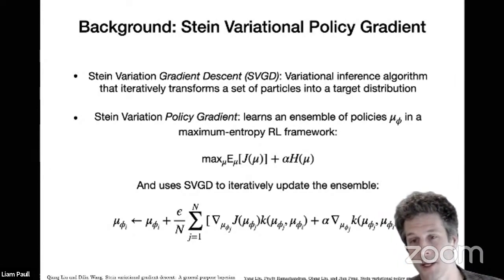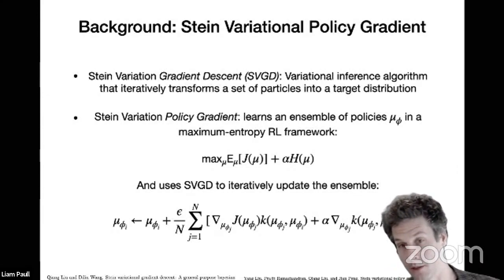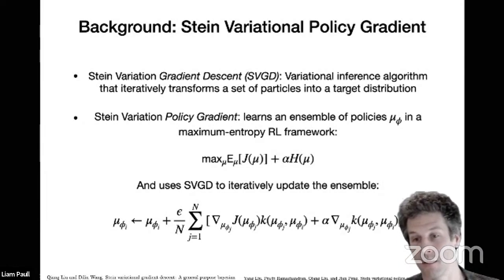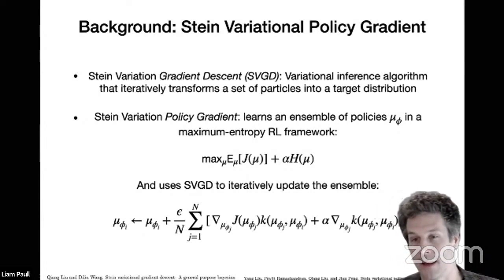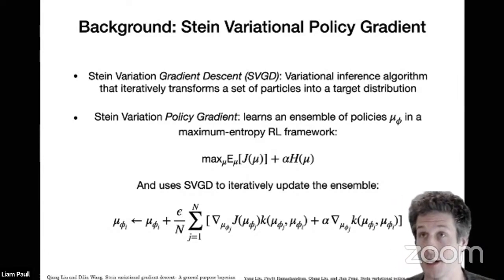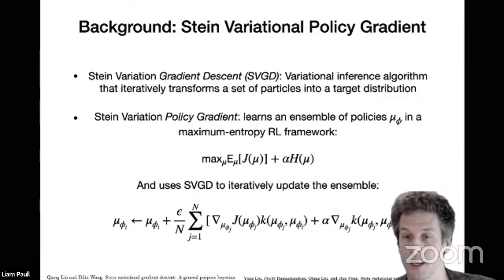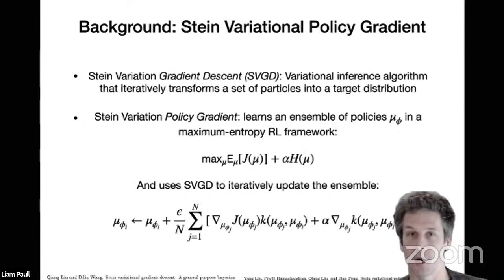What this bottom equation shows is the update rule for the particles. For each particle, at each time step, we update using a mixture of the gradient of the cost function and the gradient with respect to some kernel, where this kernel is like a hyperparameter that controls the repulsion or attraction of the particles in the particle set.